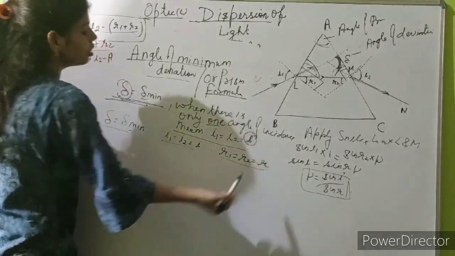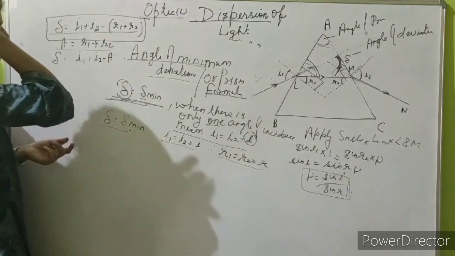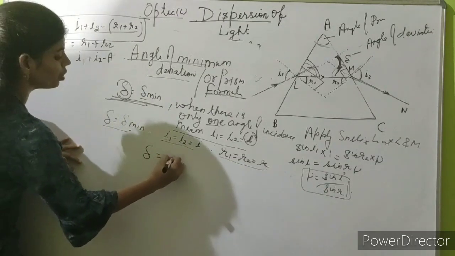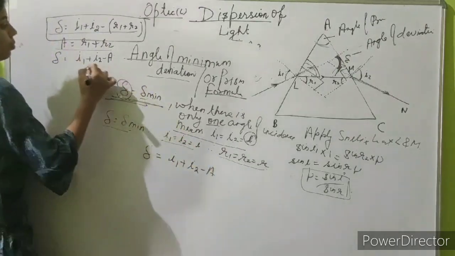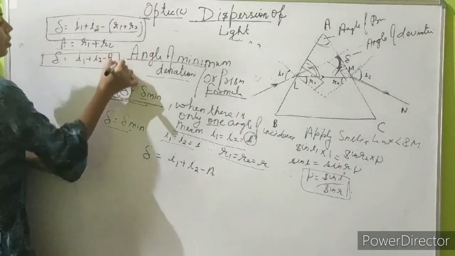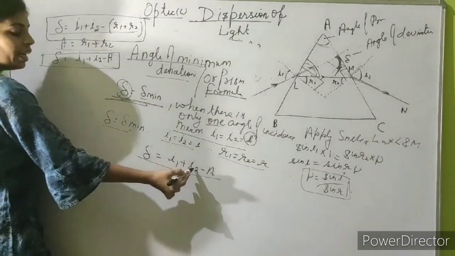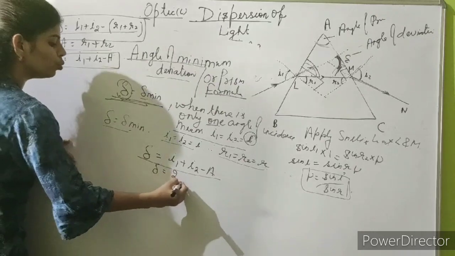Now, from here, we can find out the value of I1 and I2. कैसे देखो? We know that delta is equal to I1 plus I2 minus A. From this result, we know that delta is equal to this much. I1 and I2 can be replaced by I. So delta would become 2I.